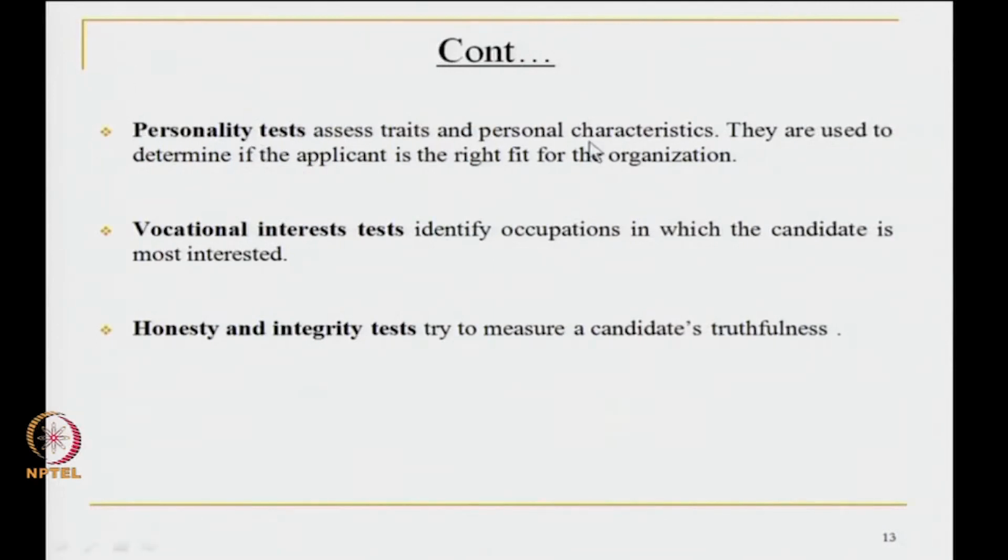There are, of course, any number of personality tests and vocational interest tests, and believe it or not, they have also devised honesty and integrity tests. I do not think it is necessary for me to elaborate upon all this, because personality tests assess traits and personal characteristics.